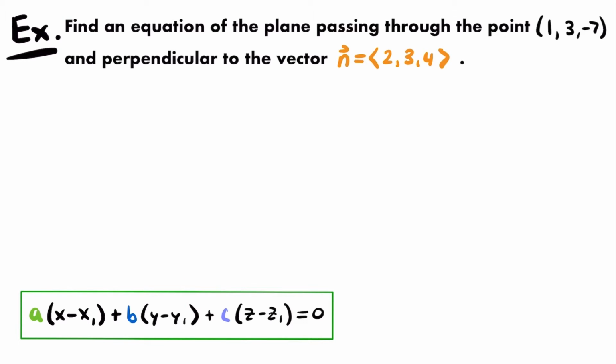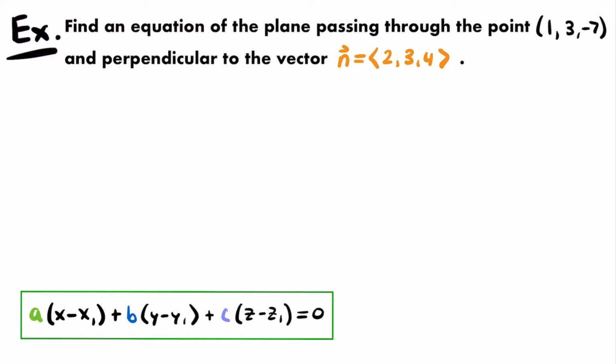Okay, so in this case, x1 is the x-coordinate of the point, which is 1, y1 is the y-coordinate of the point, which is 3, and z1 is the z-coordinate of the point, which is negative 7. Then for a, b, and c, a is the x-component of the normal vector, which is 2, b is the y-component of the normal vector, which is 3, and c is the z-component of the normal vector, which is 4.